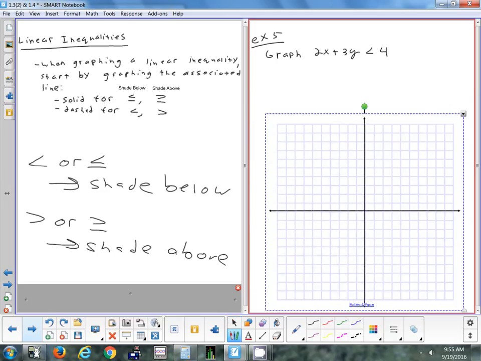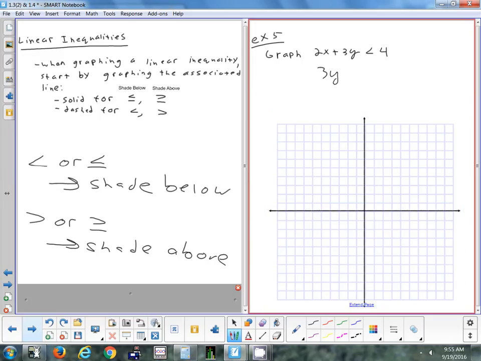Okay, really quick, I'm going to graph this line. I'm going to do something I've done a bunch of times. I'm just going to get y by itself. All right, is this going to be a solid line or a dotted line? Dotted.